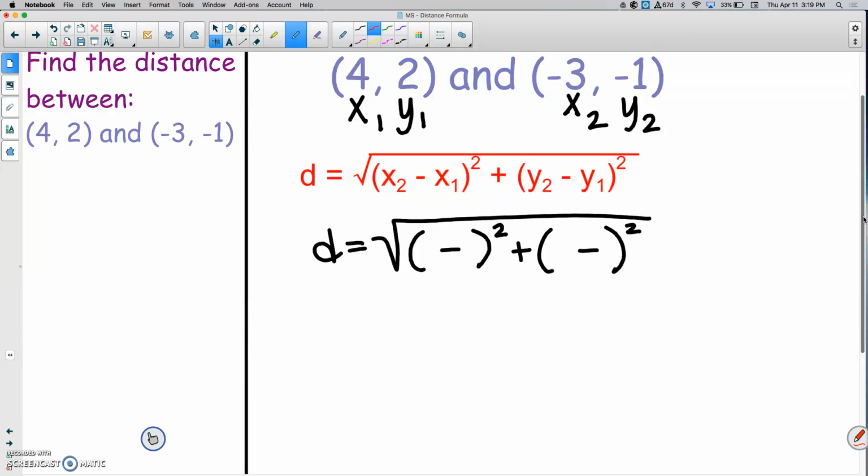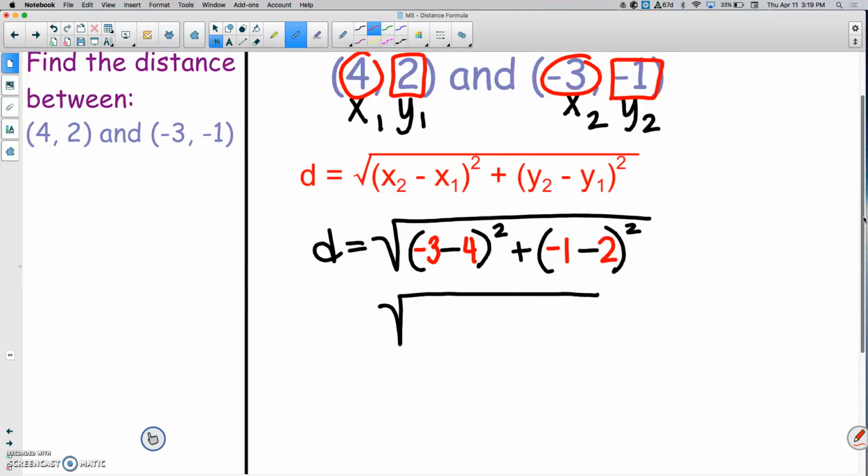So I start with x2, negative 3, and x1, 4, and then y2, negative 1, y1, 2. So, parentheses, negative 3 minus 4 is negative 7, and negative 1 minus 2 is negative 3.